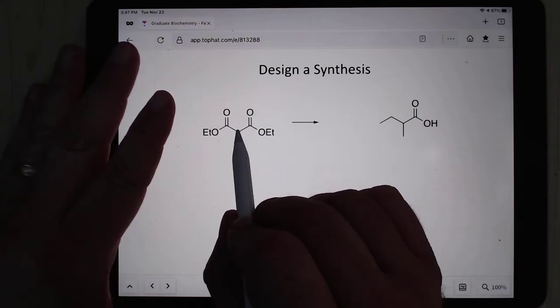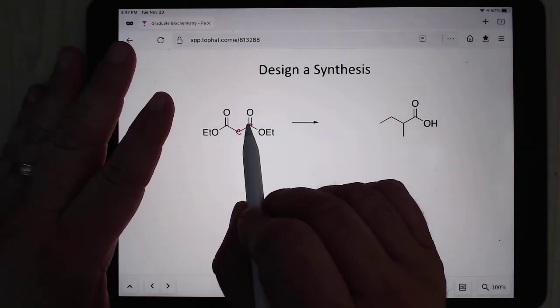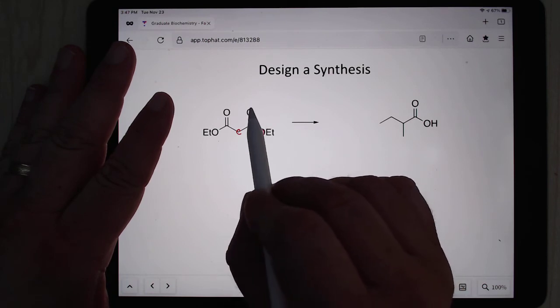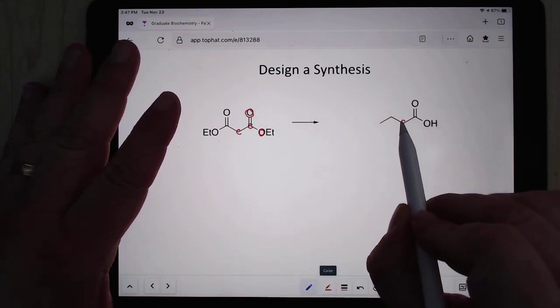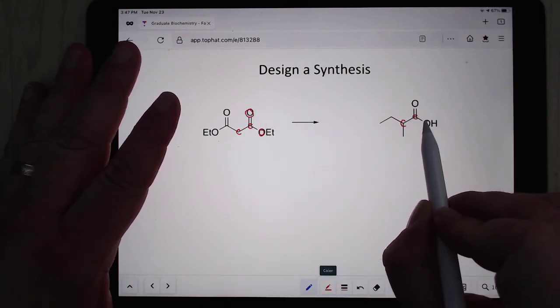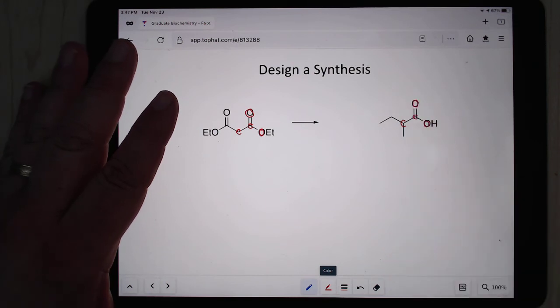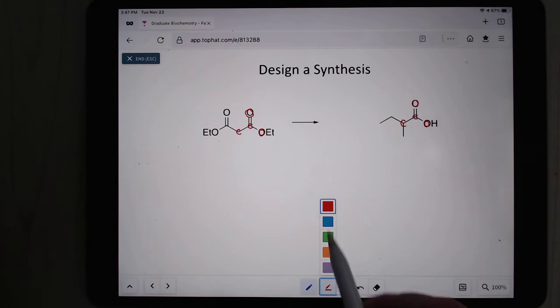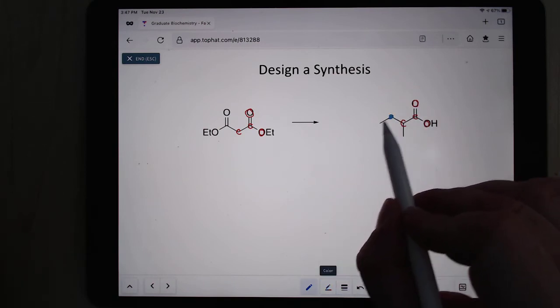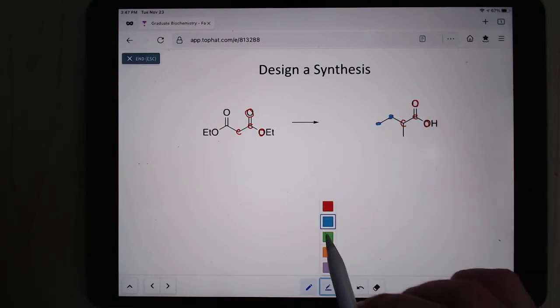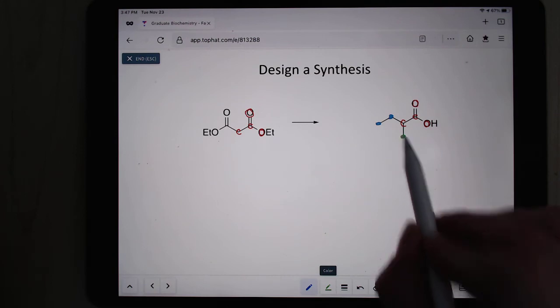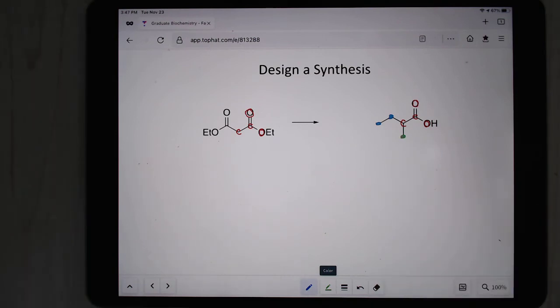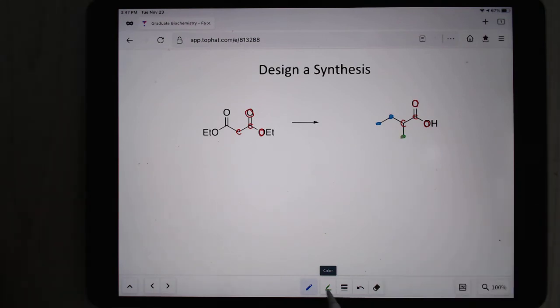So what that means is we've got this carbon here, oxygen, oxygen, end up being this carbon, this oxygen here. So what do we need to add to this? Well, we need to add this 2 carbon piece here and here, and then a 1 carbon piece here. So the way you put it together is exactly the same.